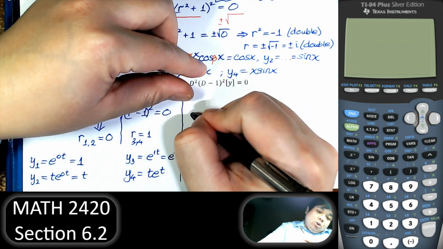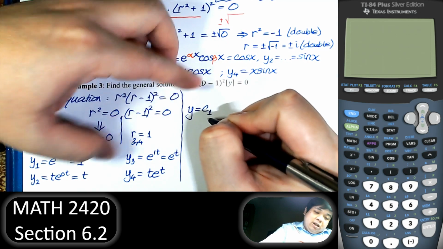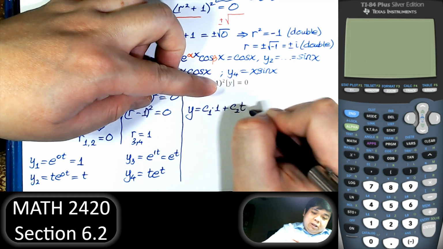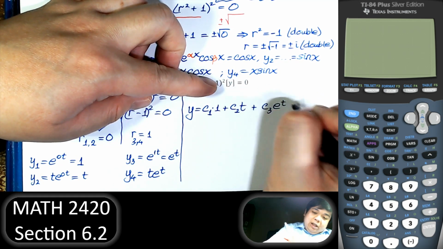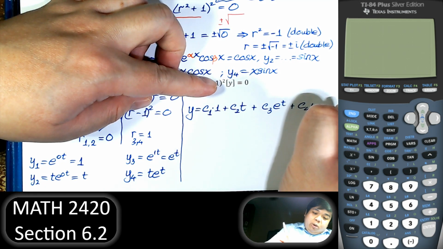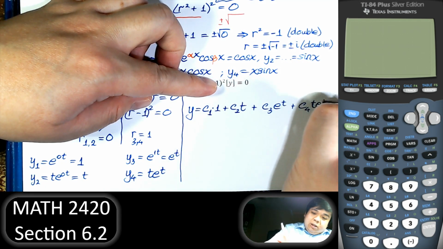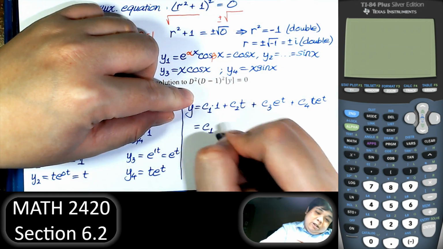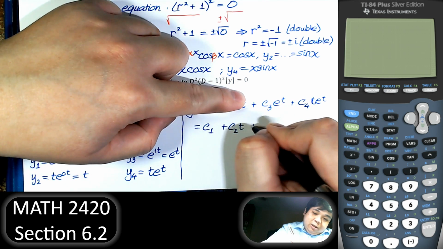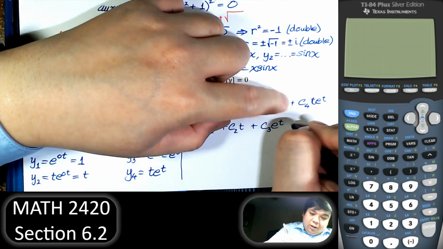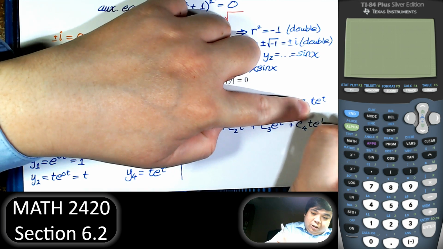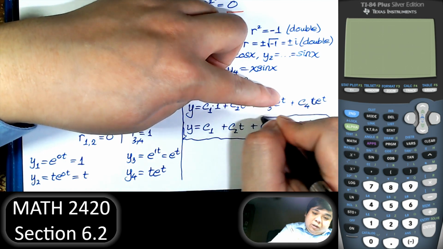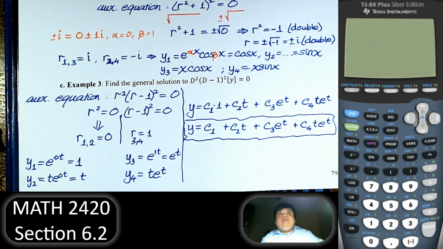And then we can write the solution as y equal to c1 y1, c2 y2, c3 y3, and c4 y4. Of course, c1 times 1 is just c1. So that's what we have.